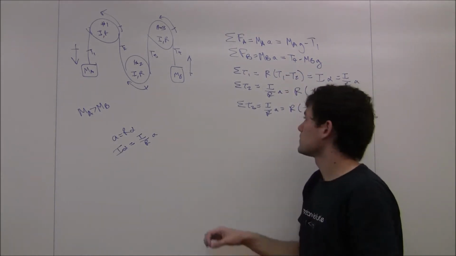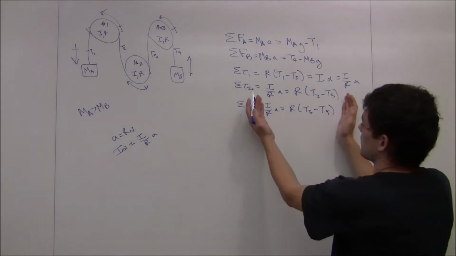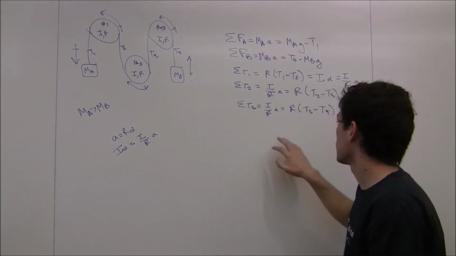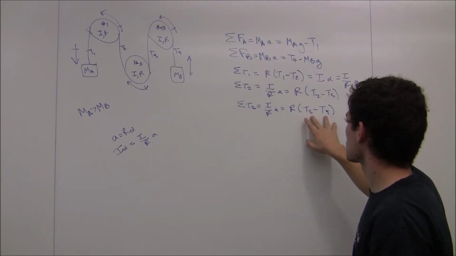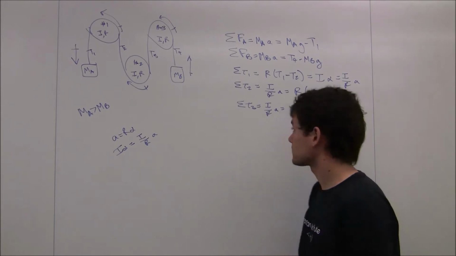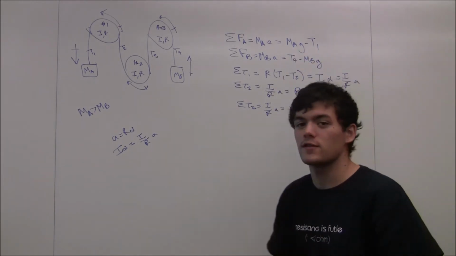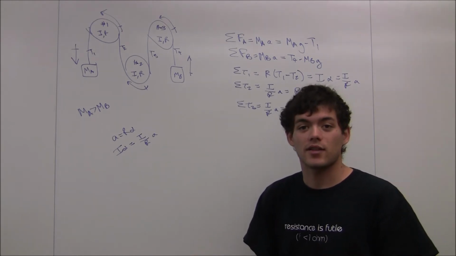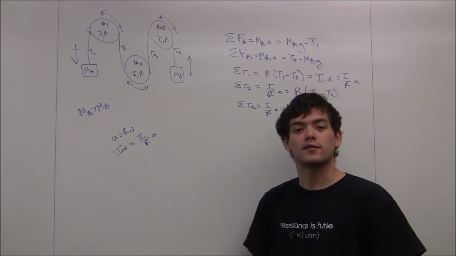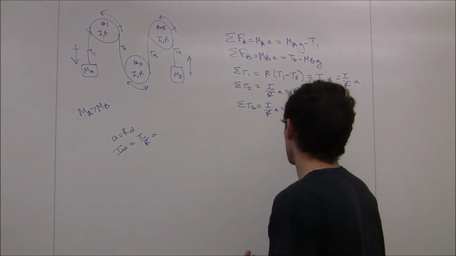So all we have to do is multiply each of these acceleration equations in such a way that the tension terms will end up with a constant coefficient. If we can get all of these tension terms to have the same coefficient, then we can just add them all together, and all of the tension terms will cancel out. We won't have to worry about any of those unknowns, and we'll be able to just think about the acceleration.